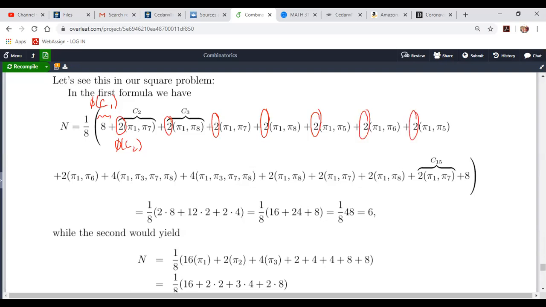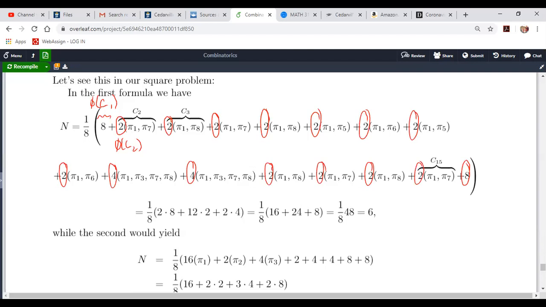It goes on for a while. Then we got to C10 and C11, both of those are 4s. Then we had 2, 2, 2, 2 again. There was C15 right there. And of course, the last one was the all black coloring. How many permutations will fix those? All 8.